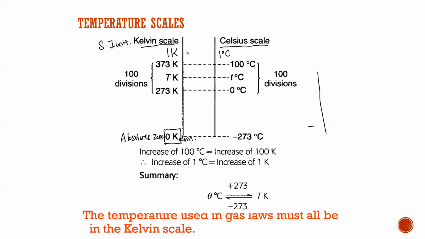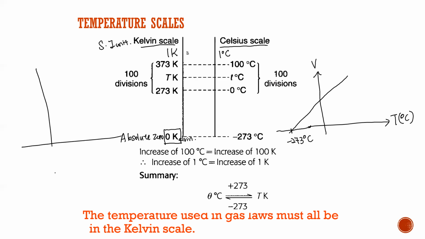So if you draw the graph, it will be like this. If this is temperature and this is volume, temperature in degrees Celsius, then we will get negative 273 degrees Celsius, which is the zero of the Kelvin.